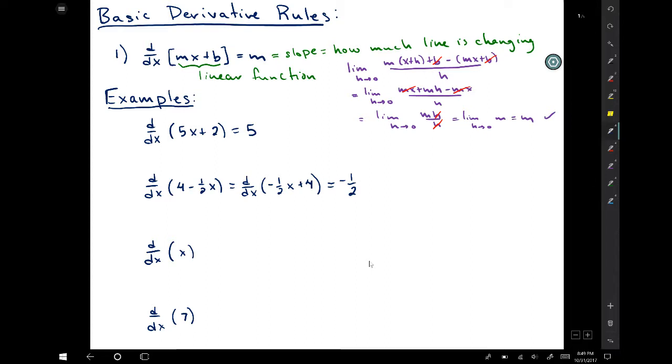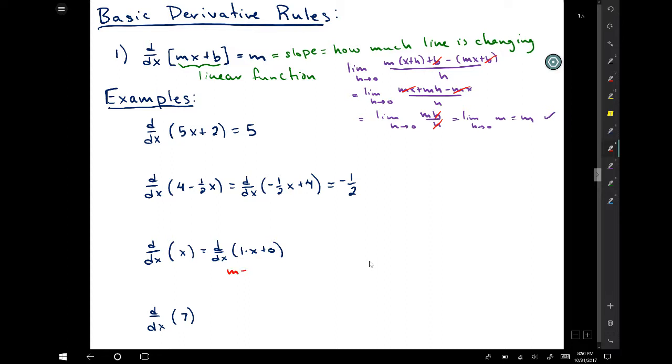Two more examples. The derivative of x, again, if you want to be very, very thorough, you can write this as 1 times x plus 0. So here we have that m is equal to 1 and b is 0. And so when we take the derivative of x, we just get 1.